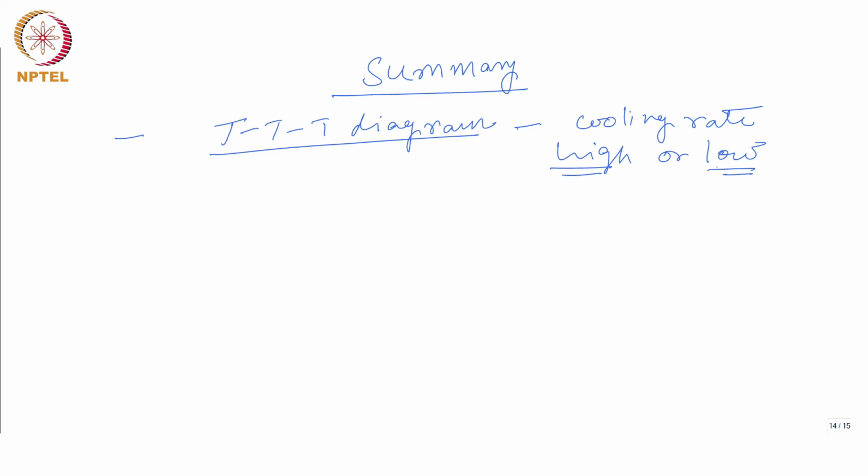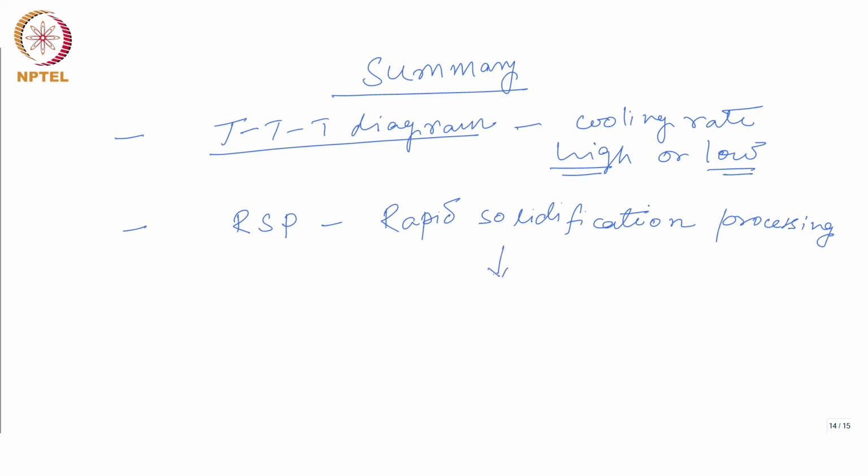And then we discussed a particular process or a particular technology called rapid solidification processing, or RSP in short, which can generate amorphous metallic materials. And one such technique that we picked up was melt spinning.